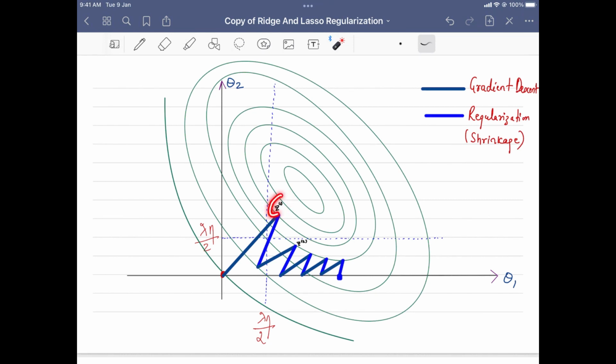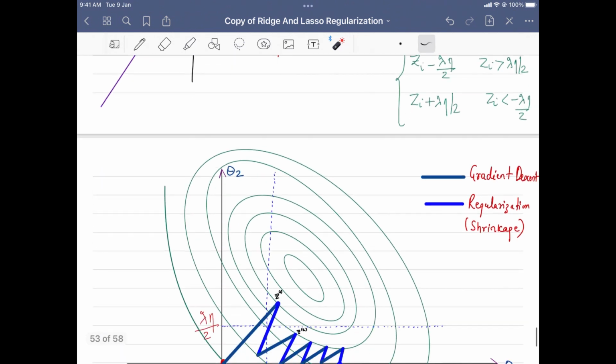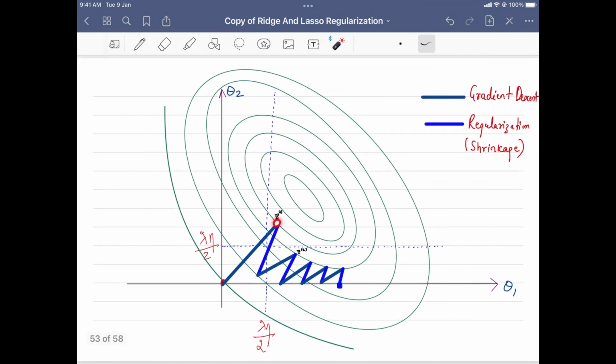So zk is basically the first value that you get through this step, and now you can see that we have these two thresholding values also given. This is lambda eta by 2, and here also we have lambda eta by 2. This lambda eta by 2 is coming from this particular thing. What you see now is that this vector has a value greater than lambda eta by 2, for theta 2.